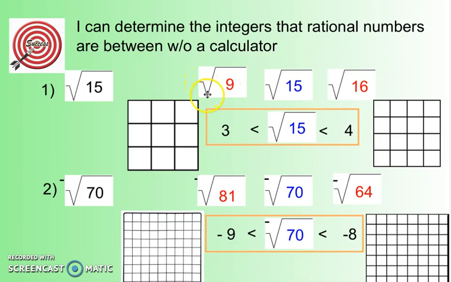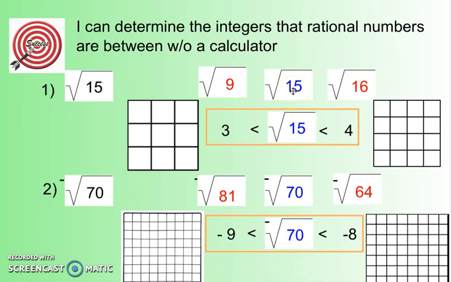But I do know that square root of 9, 3 times 3 is 9. So I know the square root of 9 is 3. That would be the closest square root that is less than the square root of 15, and it is a perfect square root. So square root of 9 is 3.